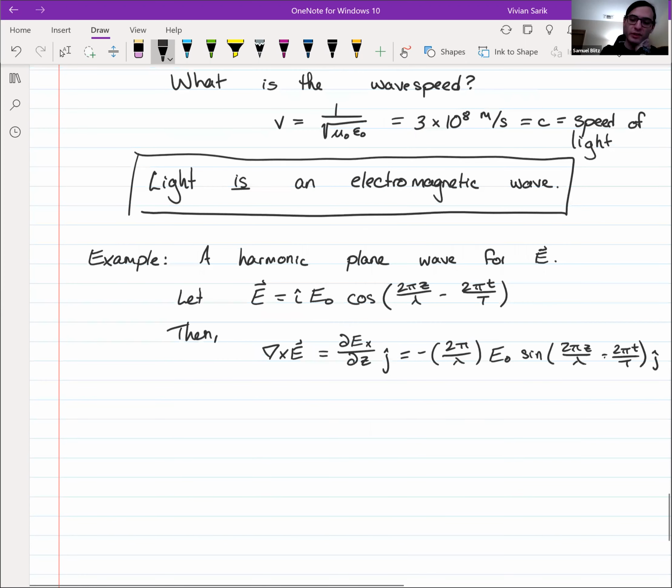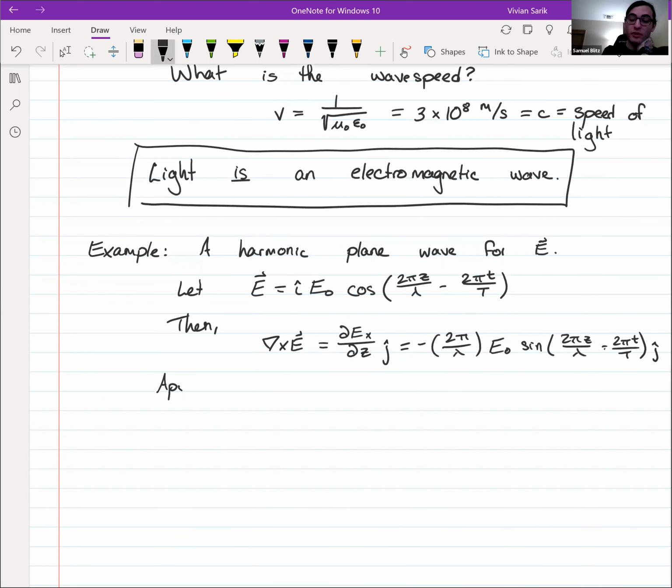Then we can apply Faraday's law. We can relate the curl of E to the rate of change of the magnetic field. So the curl of E should be equal to the minus time derivative of the magnetic field. And we know what the curl of E is.